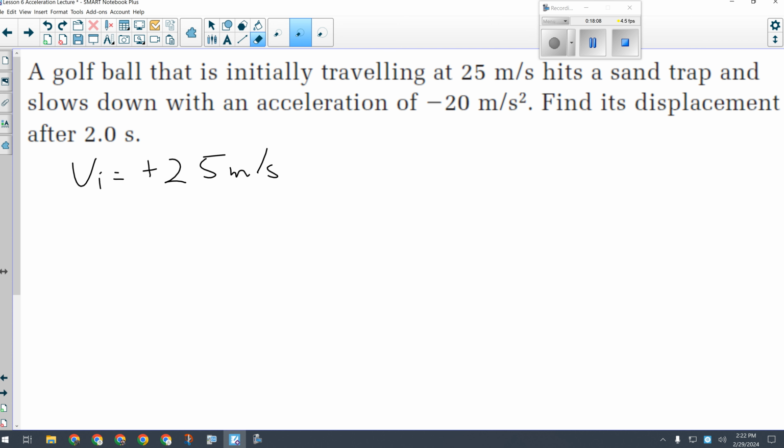It hits a sand trap and it accelerates at negative 20 meters per second squared. Find its displacement after 2 seconds. Do I have a formula on my formula sheet that has D, VI, A, and T in it? What would it be?